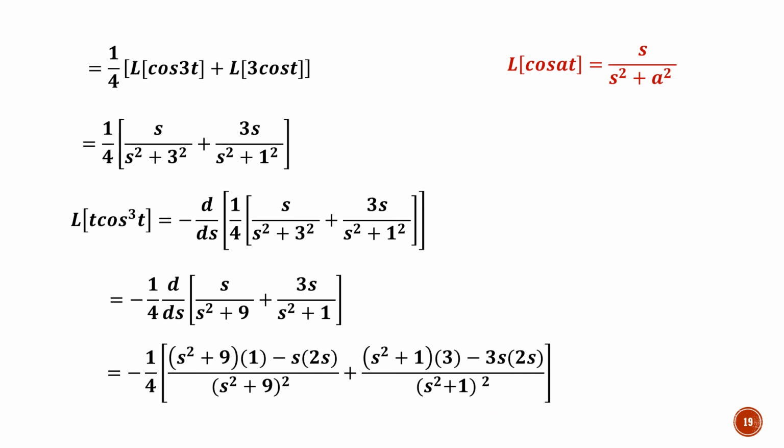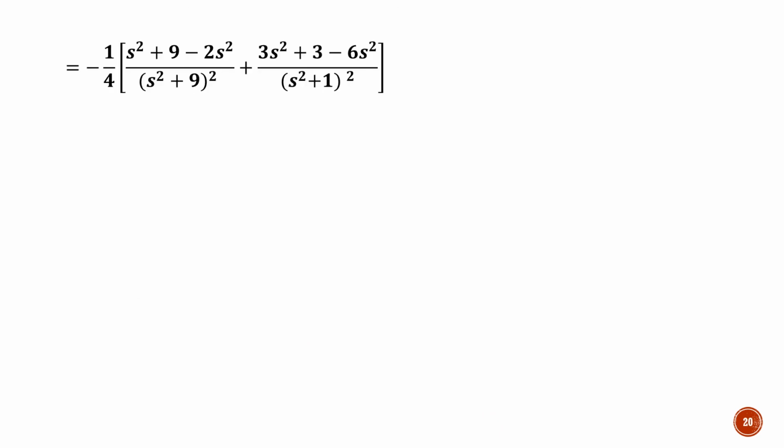Just open the bracket and simplify. Opening the bracket and simplifying, we get s square plus 9 minus 2s square upon this, plus 3s square plus 3 minus 6s square upon s square plus 1 the whole square.